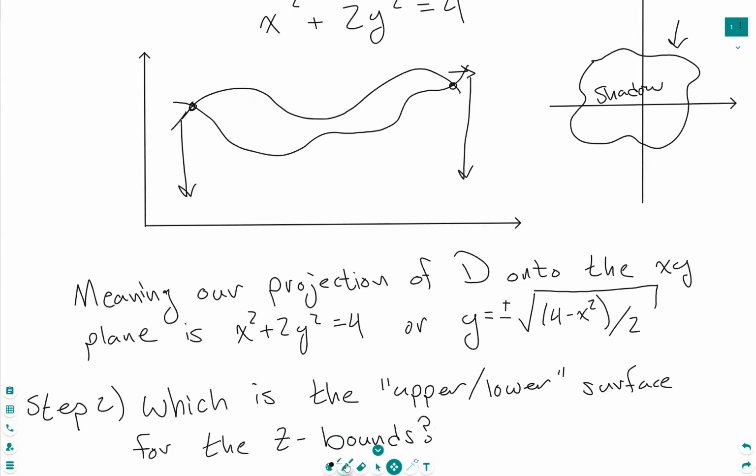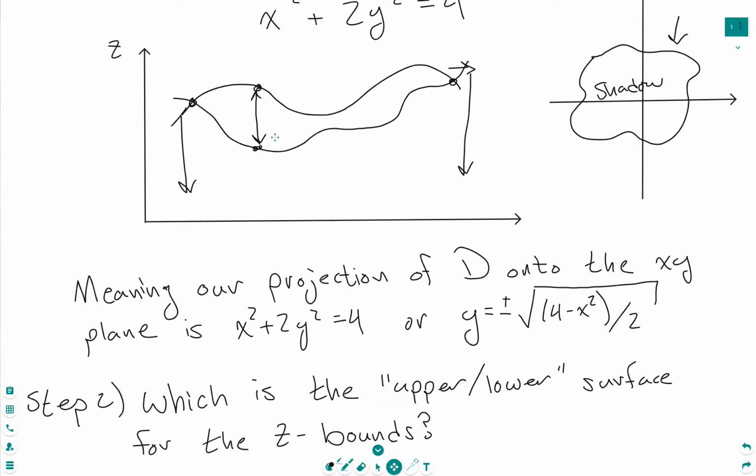If we have some kind of z component right here, so maybe our surface looks like this, the question is which one of these is the top one and which one is the bottom one? Because our z bounds have to go from one to the other. So we need a lower bound and an upper bound.